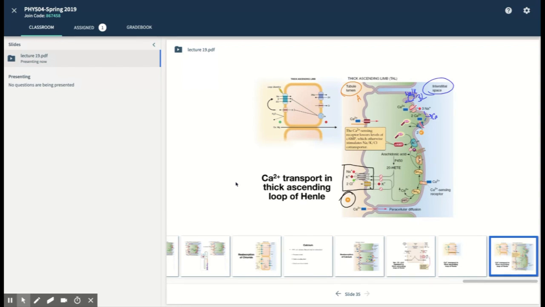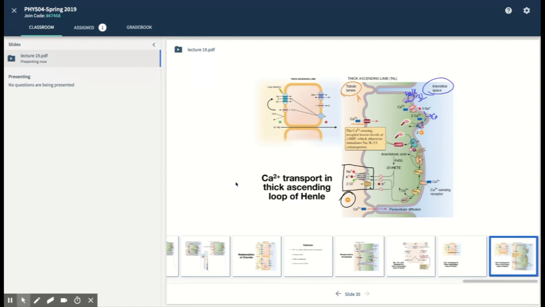Well, we have one sodium, one potassium, two chloride. That's net zero going in, and potassium leaving. Exactly. These two are going to be coupled. They're going to work together. Your sodium, potassium, 2-chloride cotransporter is an electrically neutral cotransporter. 2 positive and 2 negative moving in. You see that?